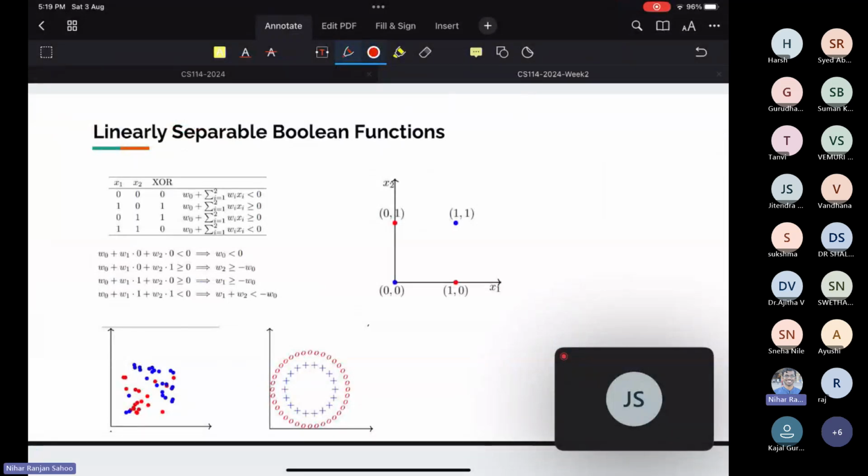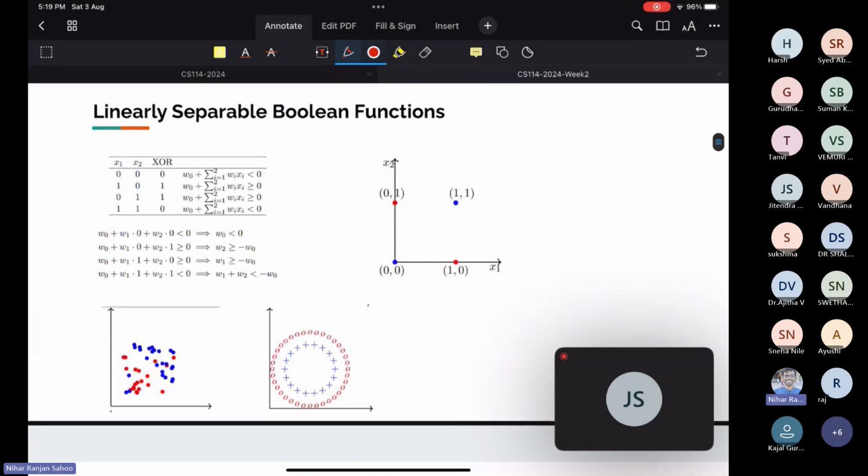Okay. Last time we had discussed multiple Boolean functions like the AND function and the OR function, with a single neuron. Let's start with the AND function.